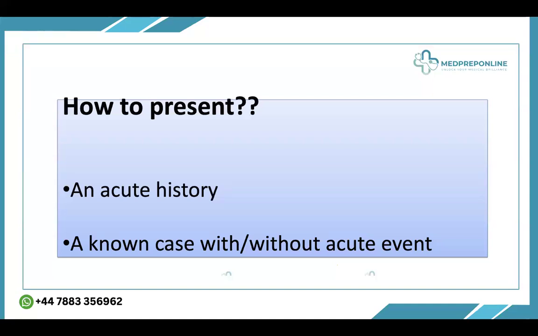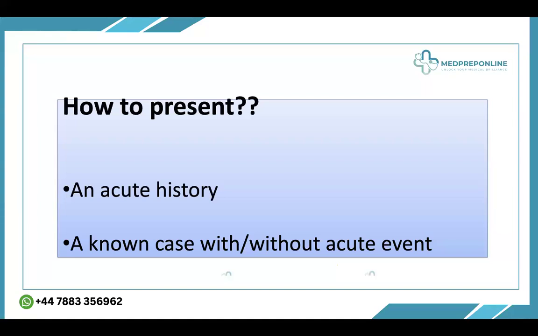On detailed history, he is a known case of celiac disease for the last 5 years, first diagnosed at the age of 1 year, with poor or good compliance, with multiple hospital admissions, and now has presented with throbbing headache radiating to this site and associated with these features.